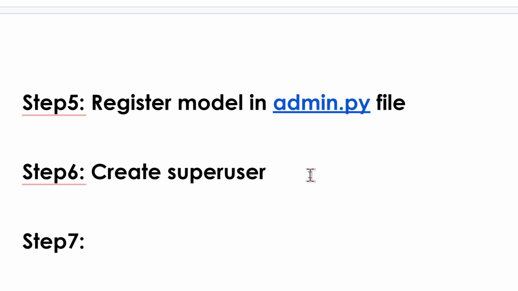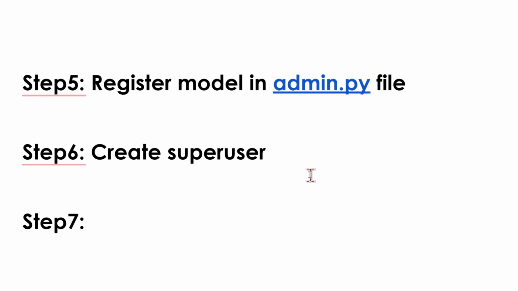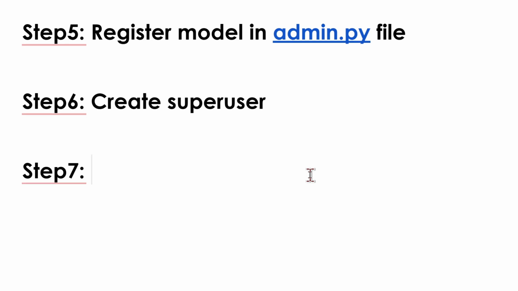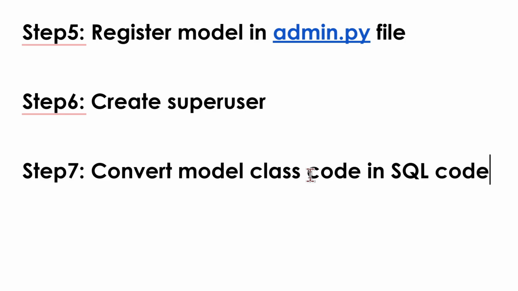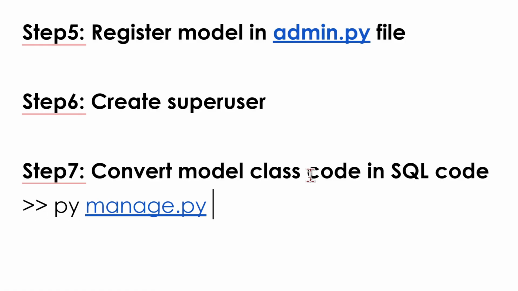Okay, and the seventh step is, okay, convert model class code into SQL code. So what is the command here we need to follow to convert it? We will write py manage.py makemigrations. Okay, makemigrations.